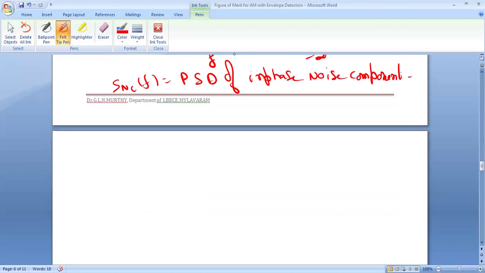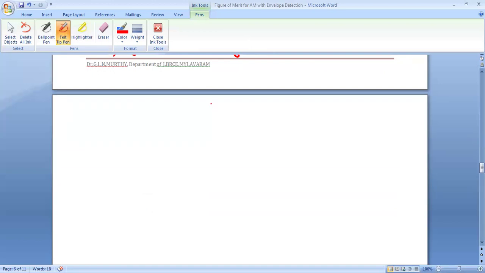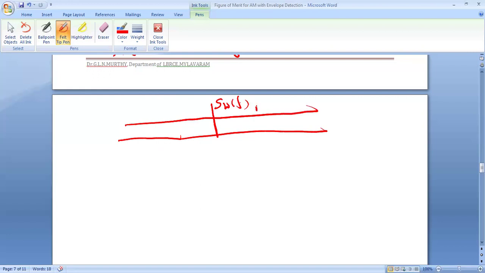So how will it be? Same procedure as we have seen previously. Input noise density SW of F is N0 by 2. It is wideband noise, spread over all frequencies, right?